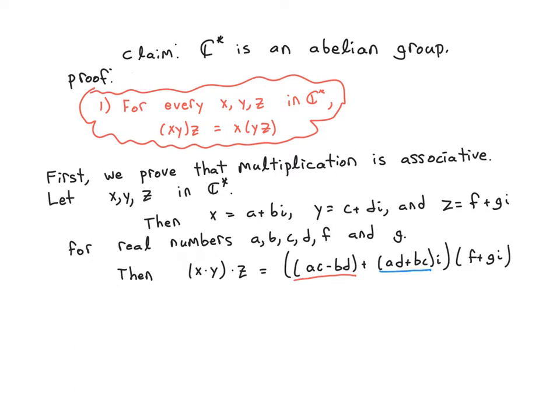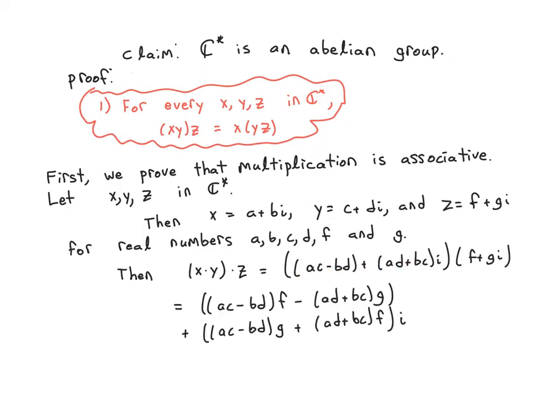Why do I note that? Because we're going to be multiplying this new complex number by f plus gi, which means that we're going to have to be able to keep track of the real and imaginary parts. So we see if we multiply these two complex numbers out, the product of the real parts is ac minus bd times f.